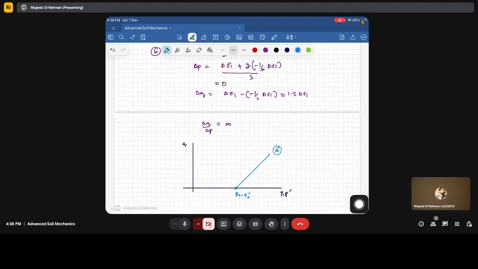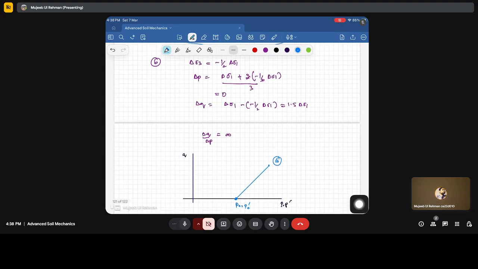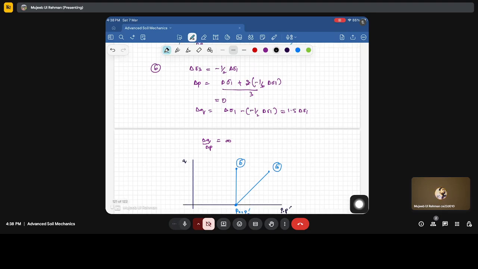Fine. Now for state B, delta P is zero, so there is no change in P. Whatever the deviatoric stress is, it is acting on the soil with a constant mean stress, so it will go straight up like this. So this represents B, and this B is the effective stress path, while this A is the total stress path.